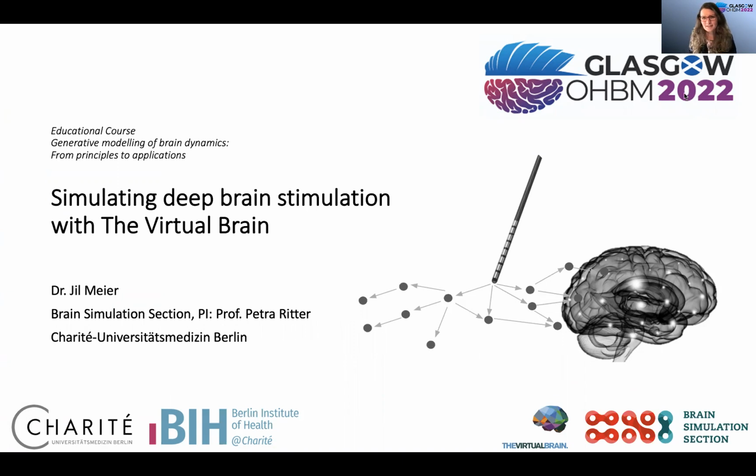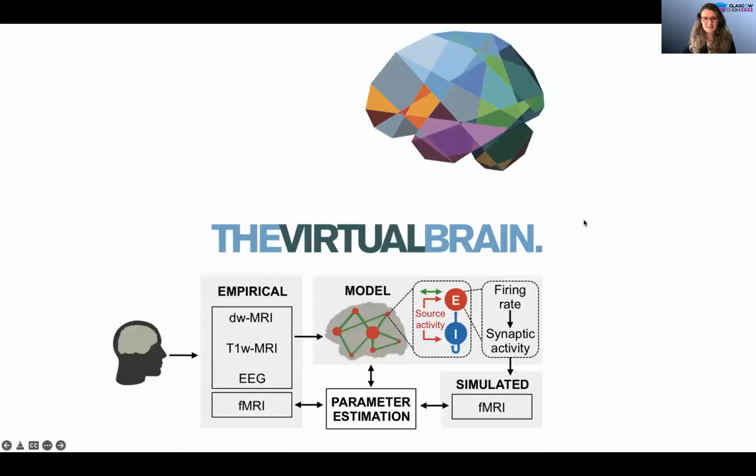All right, so let's see. We want to stimulate a certain region of the brain, and then we want to see that stimulus propagate around the network of the brain through different regions, altering brain dynamics. That's the ultimate goal here. So the virtual brain, maybe you've heard about it, maybe you did not hear about it so far, but the virtual brain is literally a virtual brain.